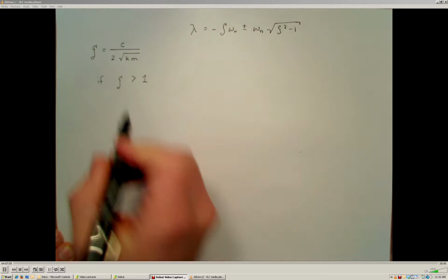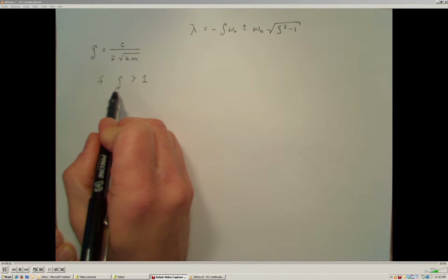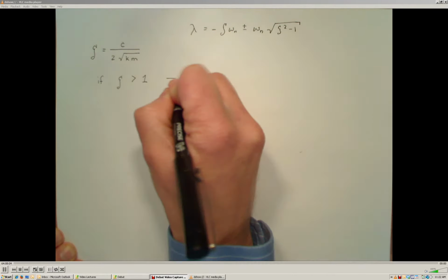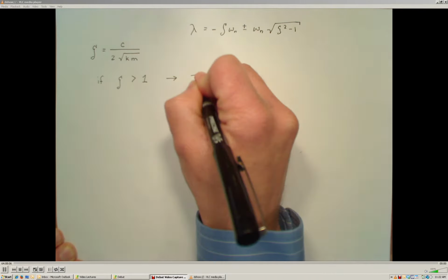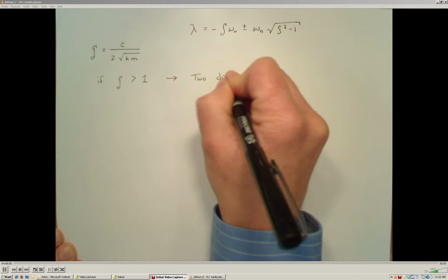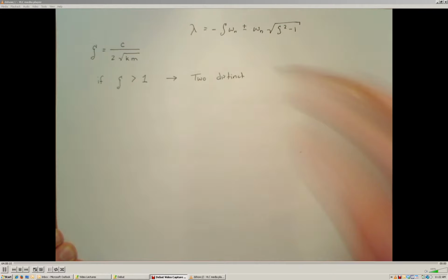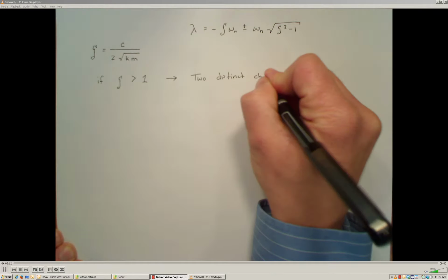So if our value of the damping ratio is greater than 1, in this case we're going to have 2 distinct eigenvalues, or 2 distinct characteristic roots.